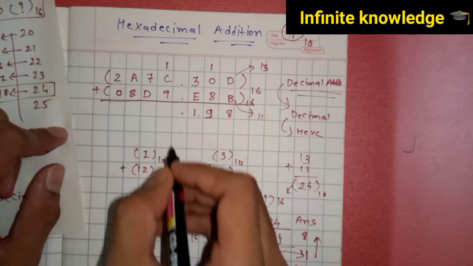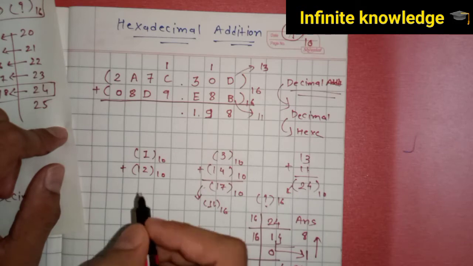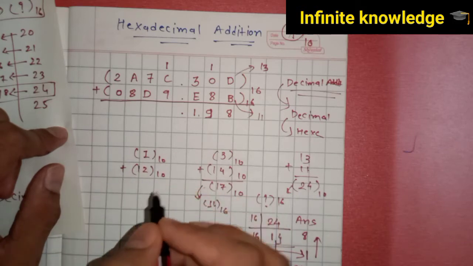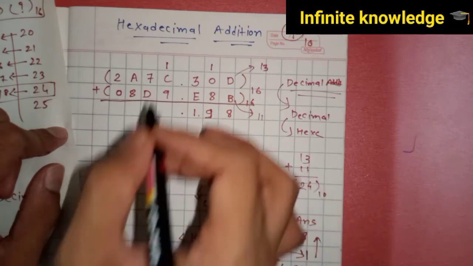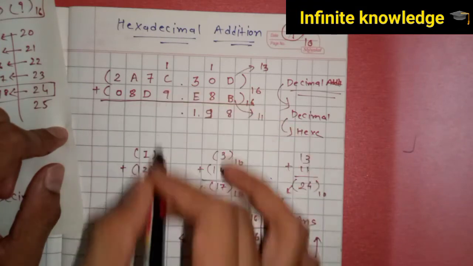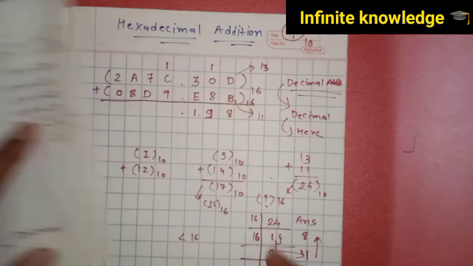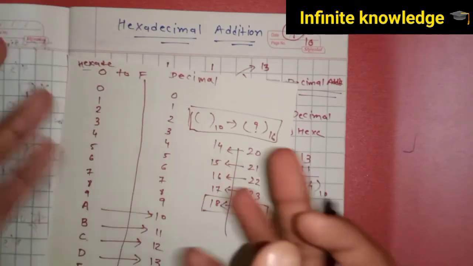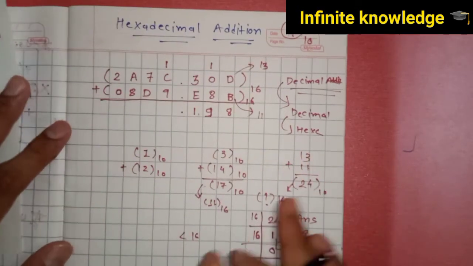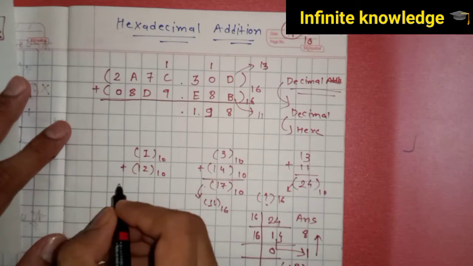We first do the decimal addition, and then if we get an answer, that answer is to be converted into the hexadecimal number system. You have to follow this method. It is very simple. If you directly do the hexadecimal addition, that may not be possible, it will be very confusing. So by following this method, it is very simple.